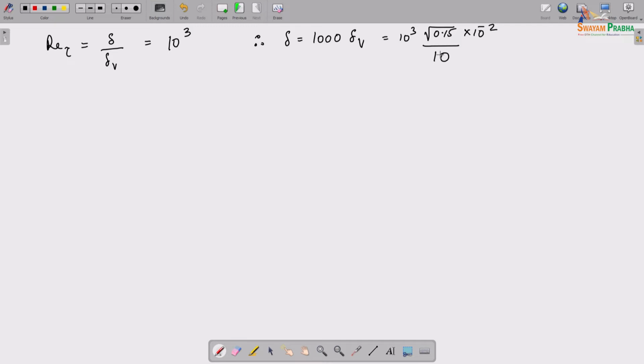So this is basically, therefore, delta is equal to 0.387.